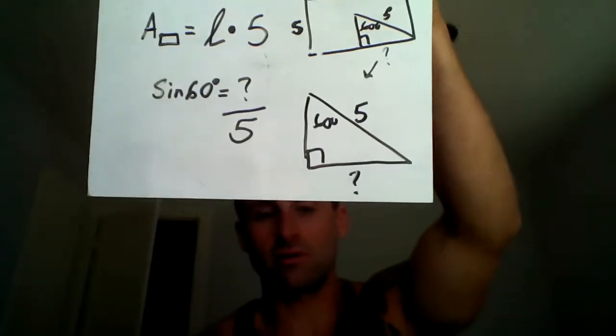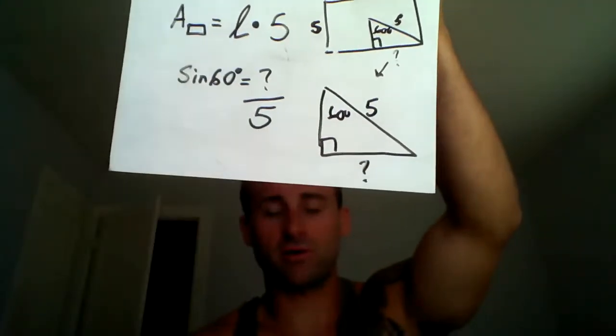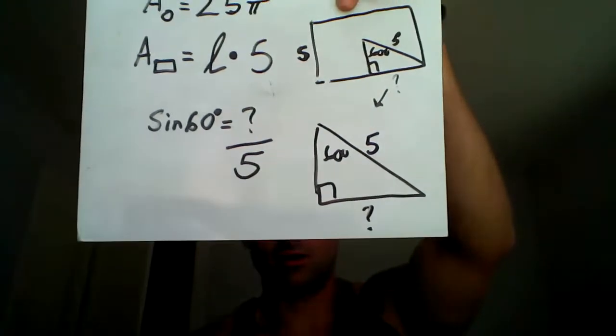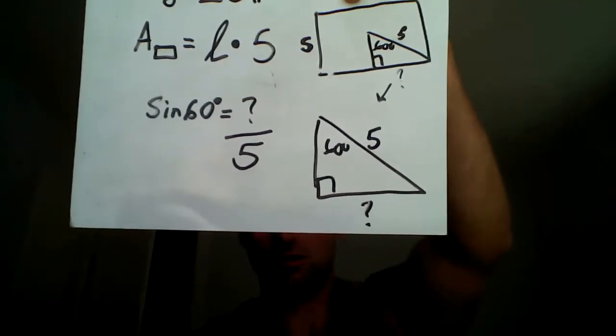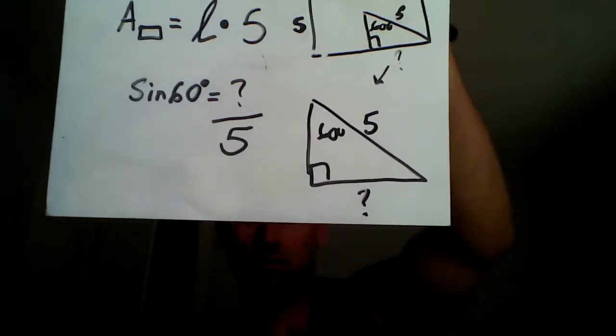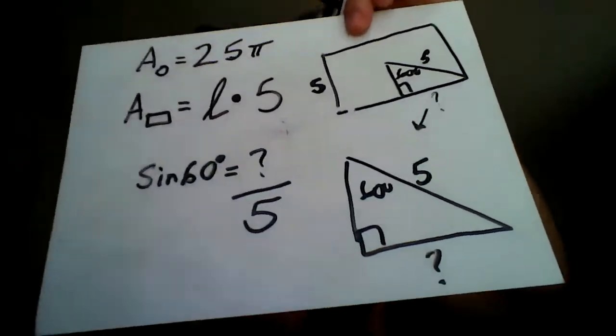So opposite, hypotenuse, opposite, hypotenuse, that would be sine. Does that make sense?